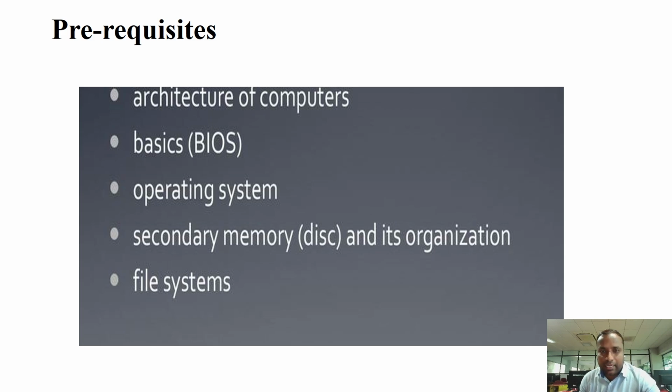Secondly, secondary memory and its organization are required. Third is the file system: how you protect your files and store your personal information, whether images, audio, video, etc. You also need basic information on how to store data in particular memory.